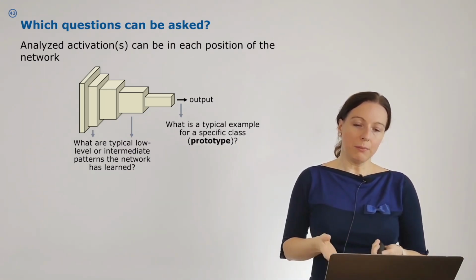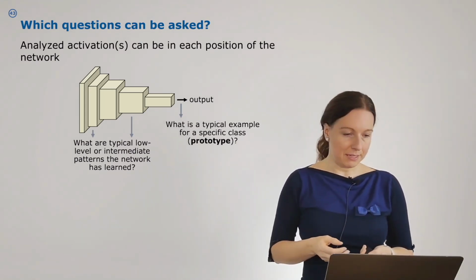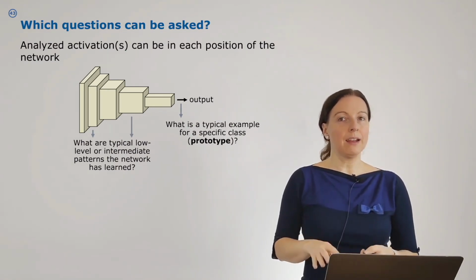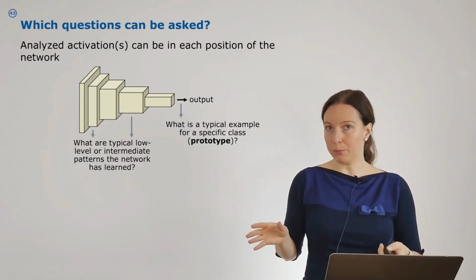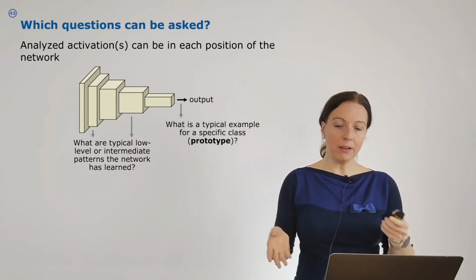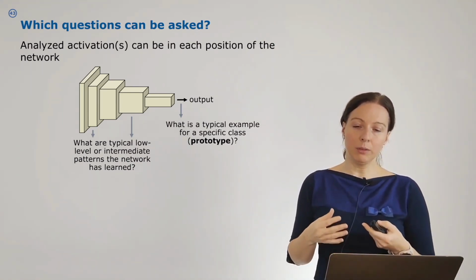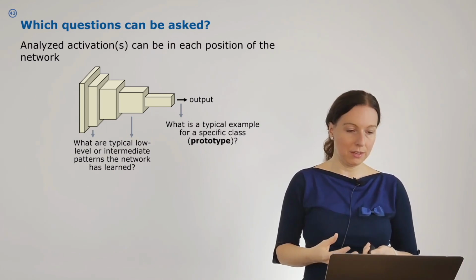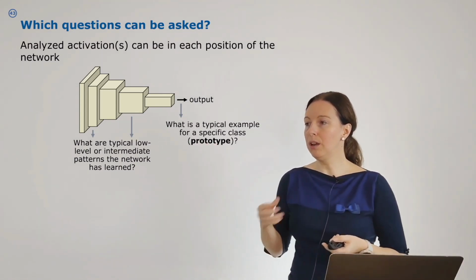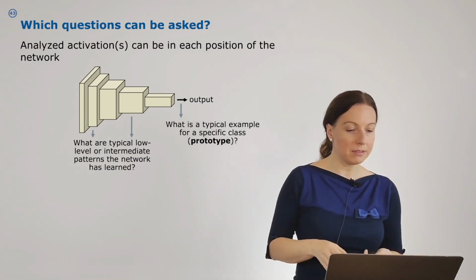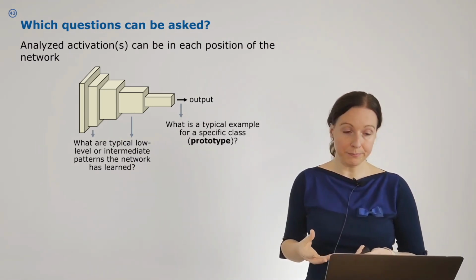So what questions can we now answer with activation maximization? First of all, the analyzed neurons can be in each position of the network, and depending on where they are, it will answer different questions. We can, for example, ask what are typical low-level or intermediate patterns the network has learned.